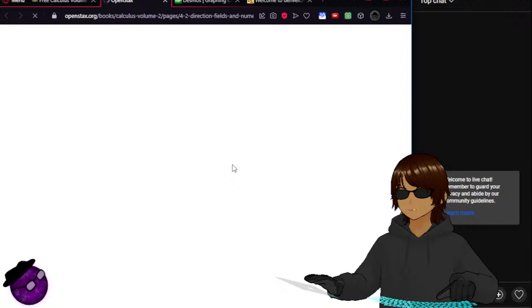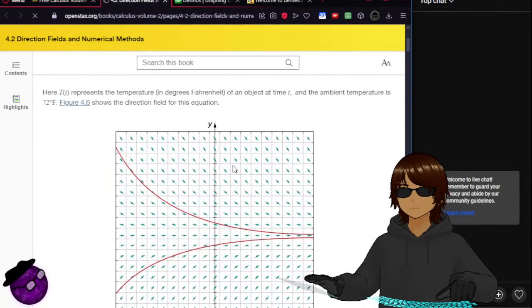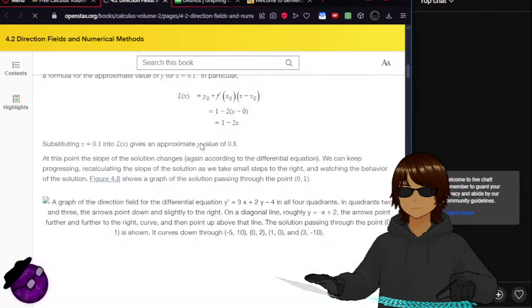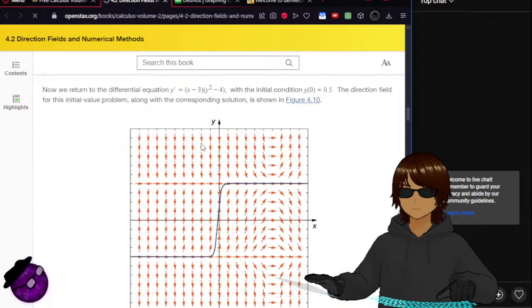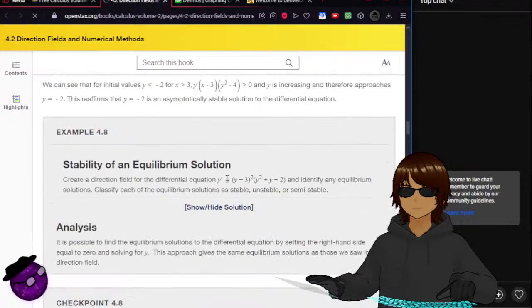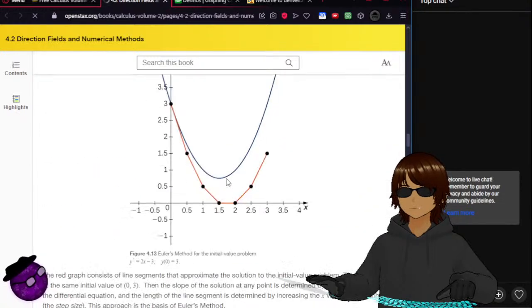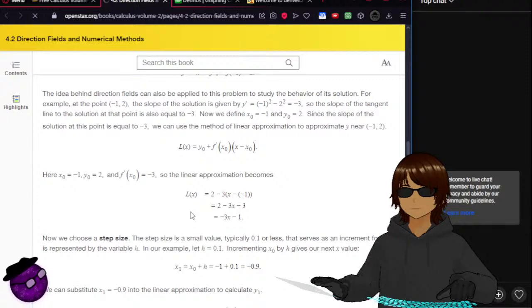This is taking time to load. Okay, so I remember all of this about the equilibrium solution and Euler's method.